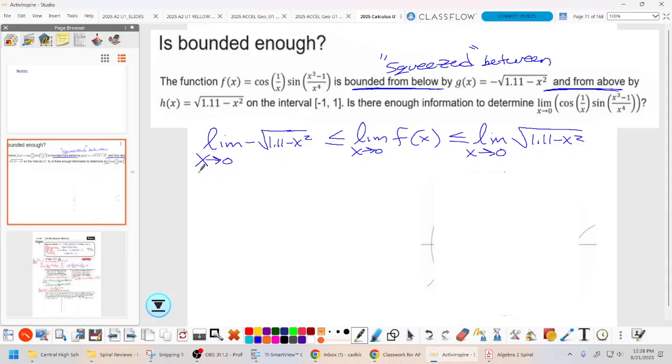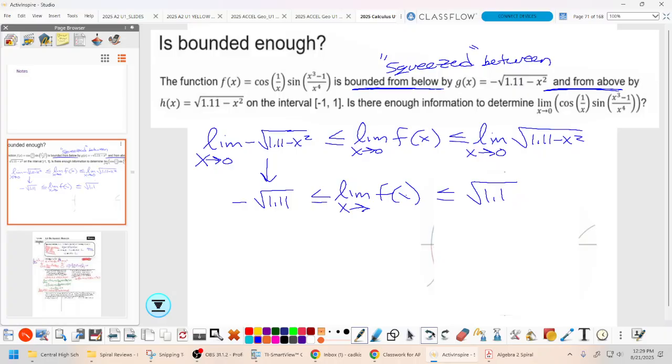So there's no difficulty, no funny business. So this limit is just negative square root of 1.11. And then this one, of course, is going to be the positive square root of 1.11. Once we plug in for x, and x is 0, the x's just go away.